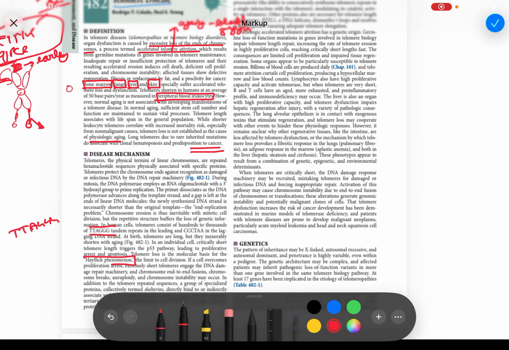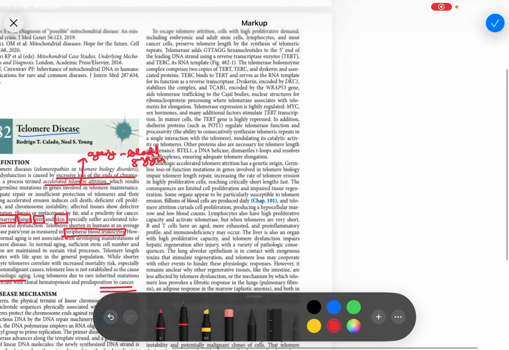What is the Hayflick phenomenon? Once the cell divides, the telomere shortens, again it divides, again it shortens, and once there is no telomere, the cell dies by apoptosis. The most important are the genes which are available. The genes I will be telling are TERT, TERC. These are most common and affect whatever telomere diseases I mentioned.